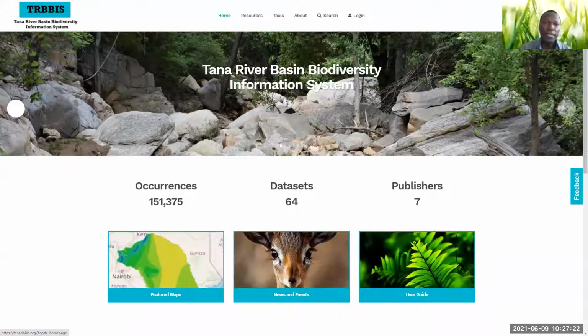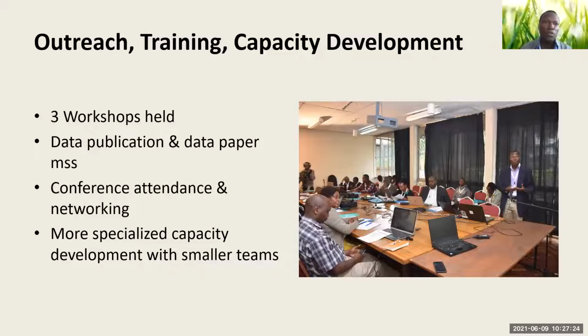And I will move on to outreach, training, and capacity development. This was a very important objective for our project, and we have held workshops, we have done data publishing, which is really hands-on capacity building in terms of working with data.